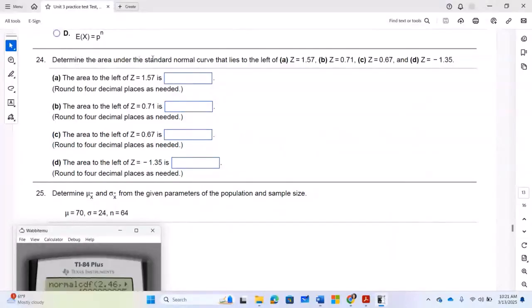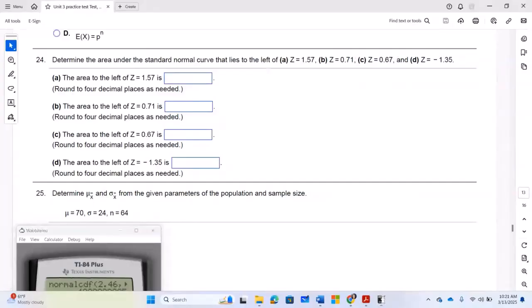Determine the area under the standard normal curve that lies to the left of 1.57. This one lies to the left of 0.72. All these are to the left. So I just have to do one of them since they are all to the left, so that we can go and do another one.